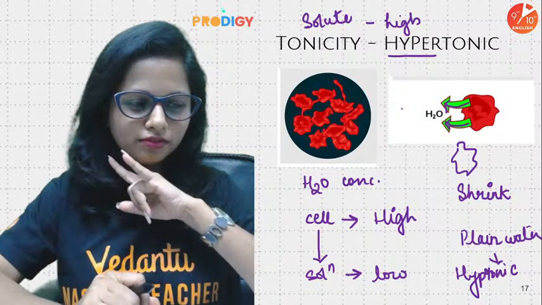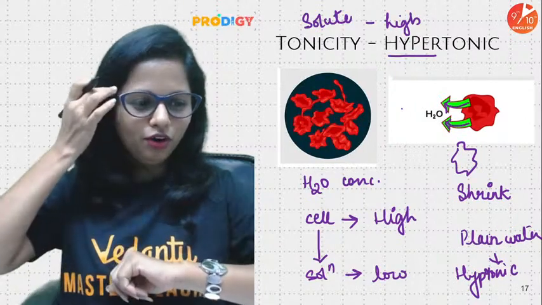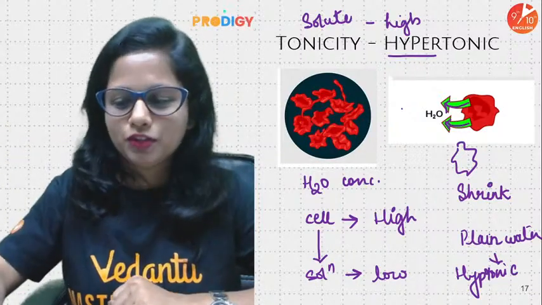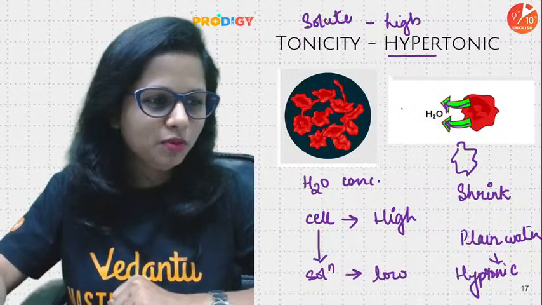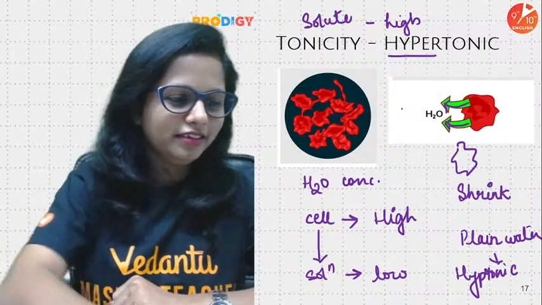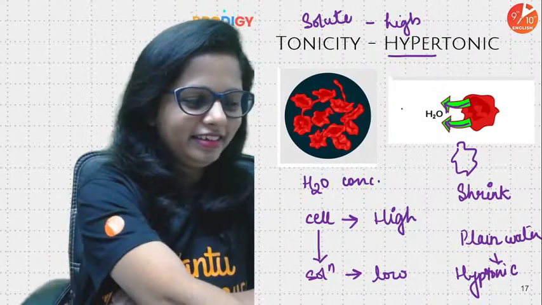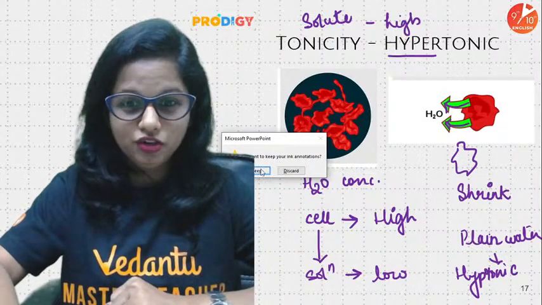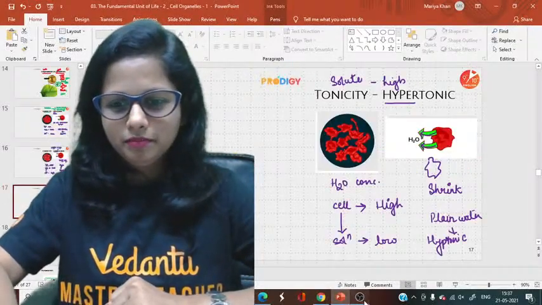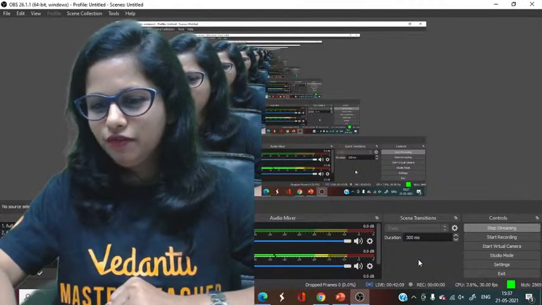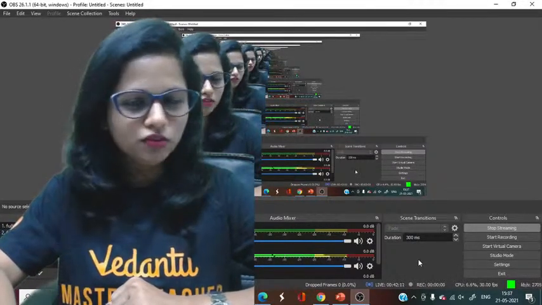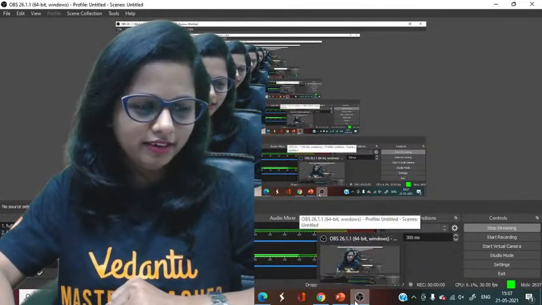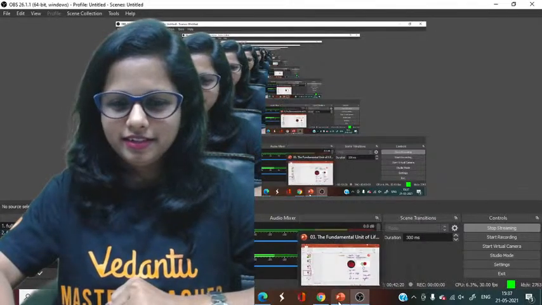Ma'am, it's blurry, it's still lagging in between. What do I do? Let me check my connection. My OBS is not behaving, it is not loyal to me. Okay, the internet is fine, pretty stable over here. Okay, we'll manage.